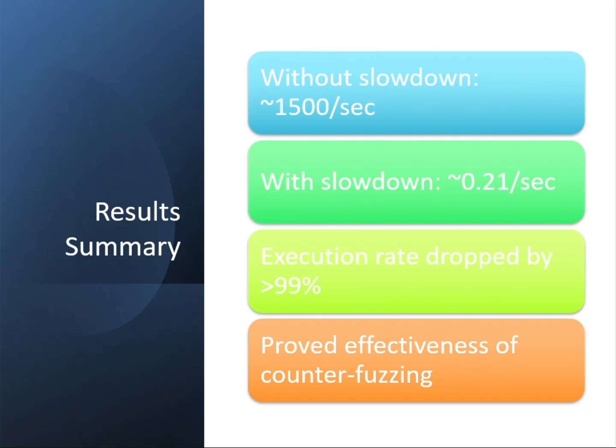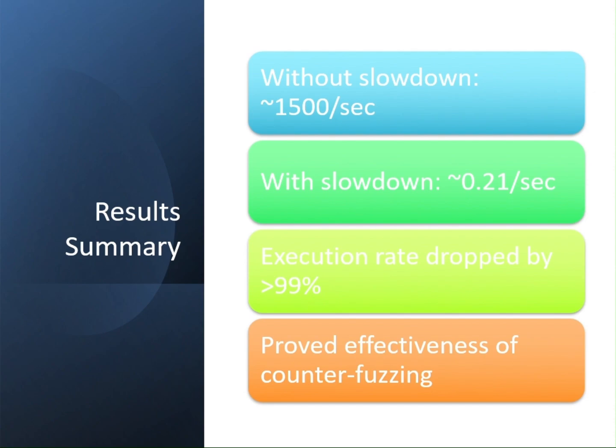And it is important to note that we did not change what the program does with the input at all. The JSON was still parsed correctly and the output was the same. So all we did was add a time delay, but the delay was enough to drastically hurt the fuzzer's efficiency.